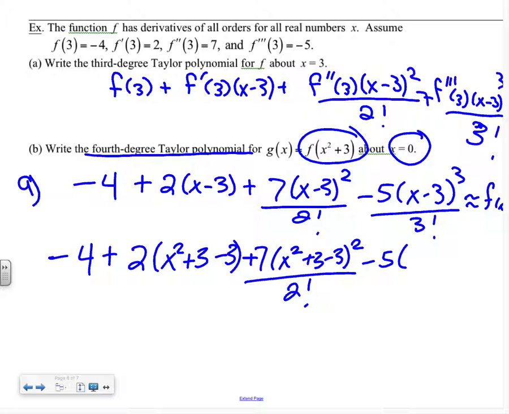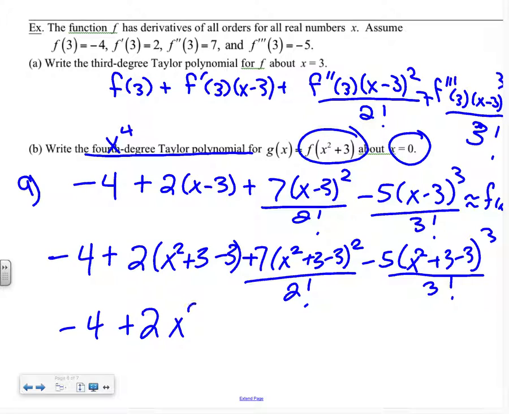We'll talk about why it's not necessary. But do you see that I just did a substitution? That's all I'm doing. They want the 4th degree, which means you're going to stop when you hit x to the 4th. So I get negative 4 plus 2x squared.